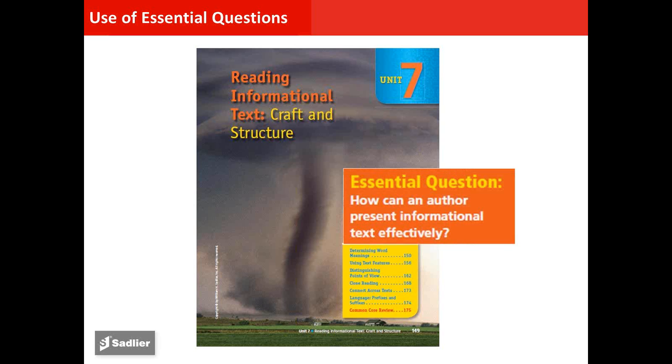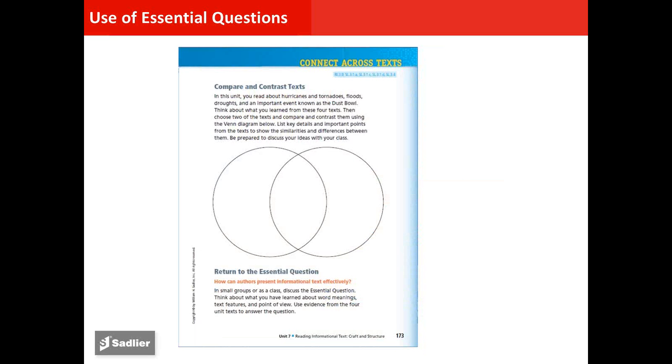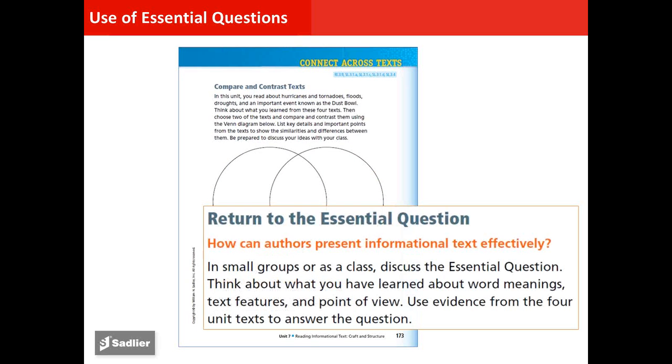In the unit, the students will study each of the standards that come under this topic of craft and structure and will learn how an author uses their craft and structure of writing to write effective informational text. Students should also come back to the essential question, ready to answer it, and of course, use evidence from the text in their answer.